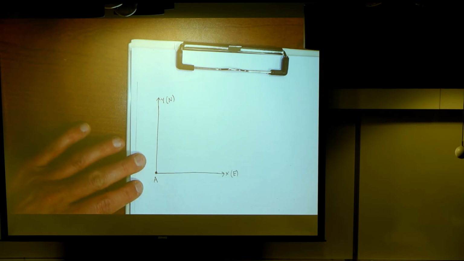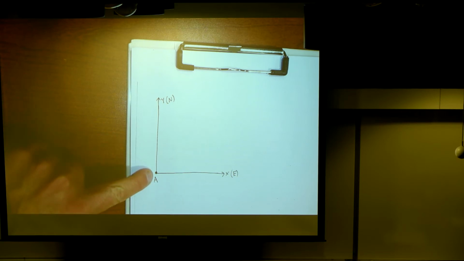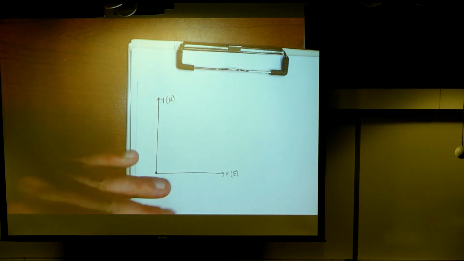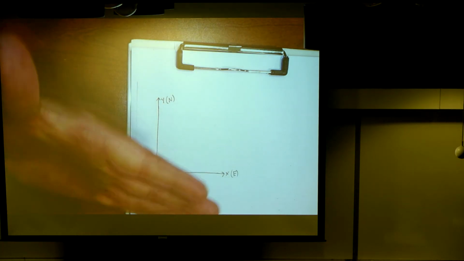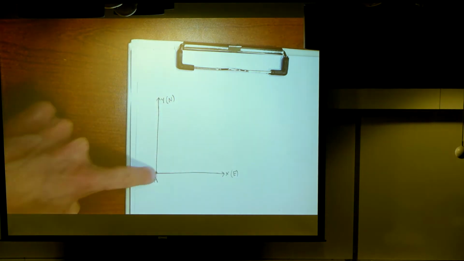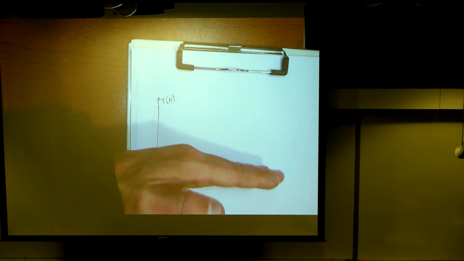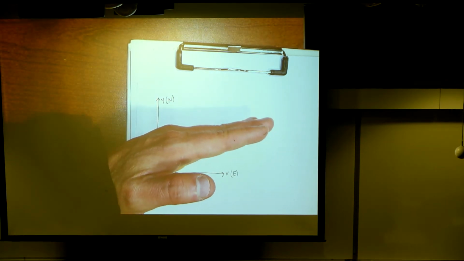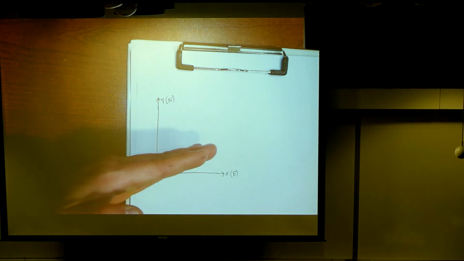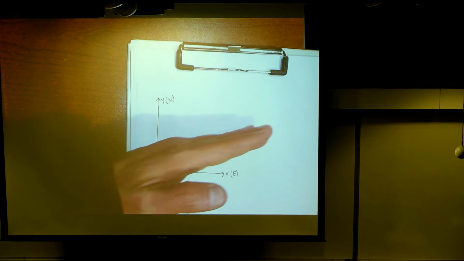So what do we know about Bob's location? We know Bob is 100 meters away from Alice, and we know Bob is off in a direction 30 degrees north of east. North of east means you start at east, and then you go 30 degrees north from there. So I want to show that Bob is off in this direction at 30 degrees.